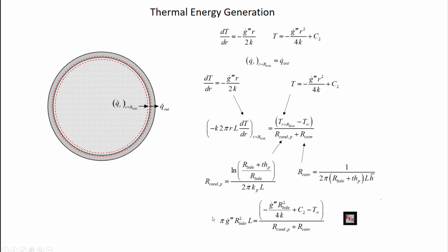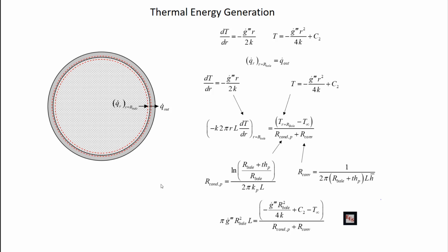So this is my conduction term, and that has to be equal to T minus T infinity divided by the resistances that stand between this outer temperature and the surroundings. So this is one equation in my one remaining unknown, C2, and I guess I could do some algebra and solve it, or I think what I'm going to do is just plop it into EES and let EES solve for C2.